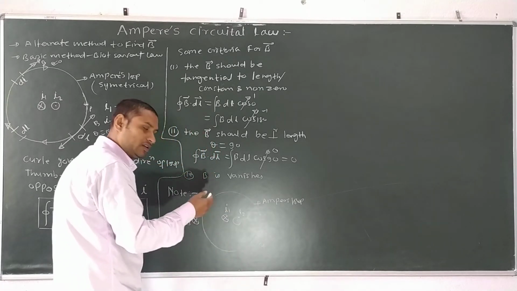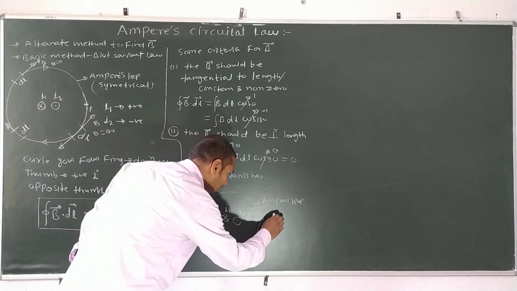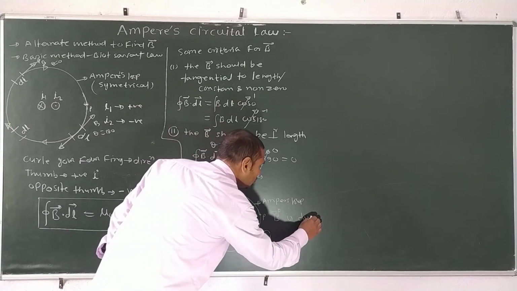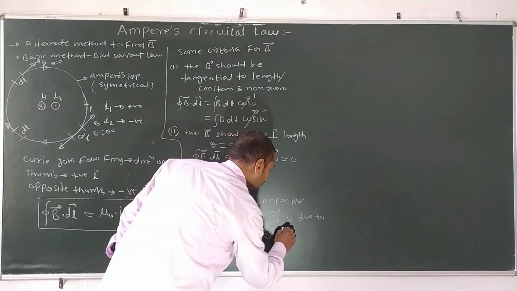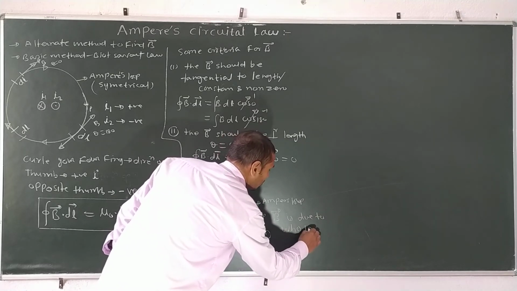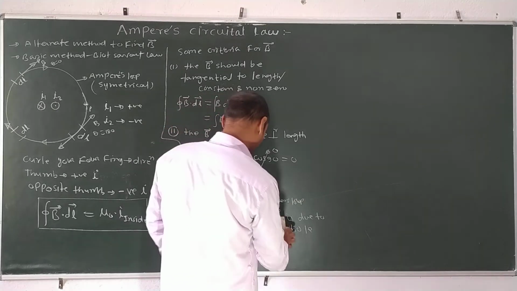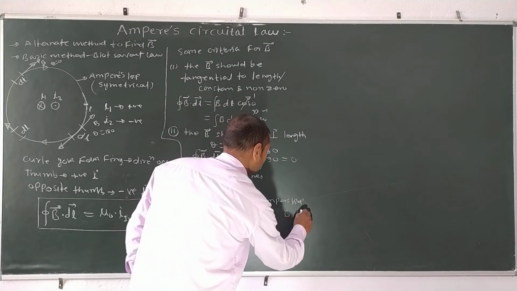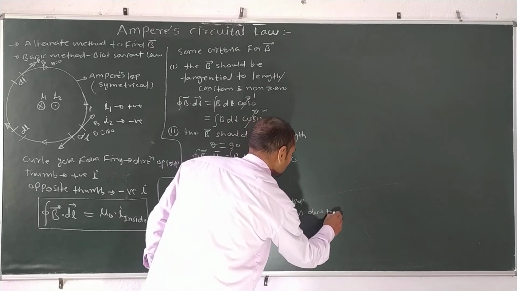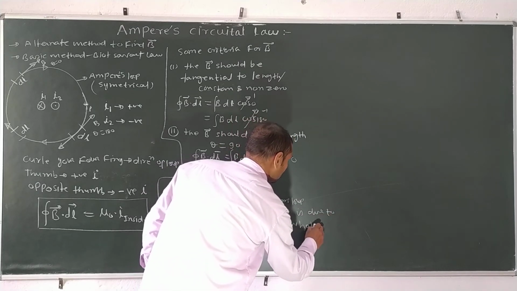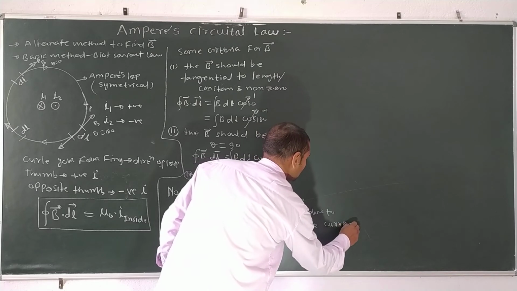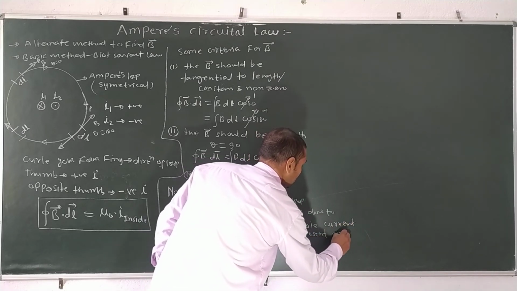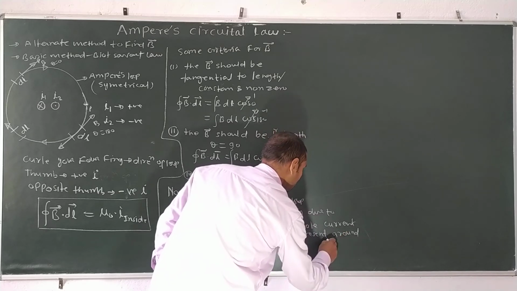Here, if you want to find the magnitude of magnetic field at a point P, this magnetic field B is due to the whole current present around the point.